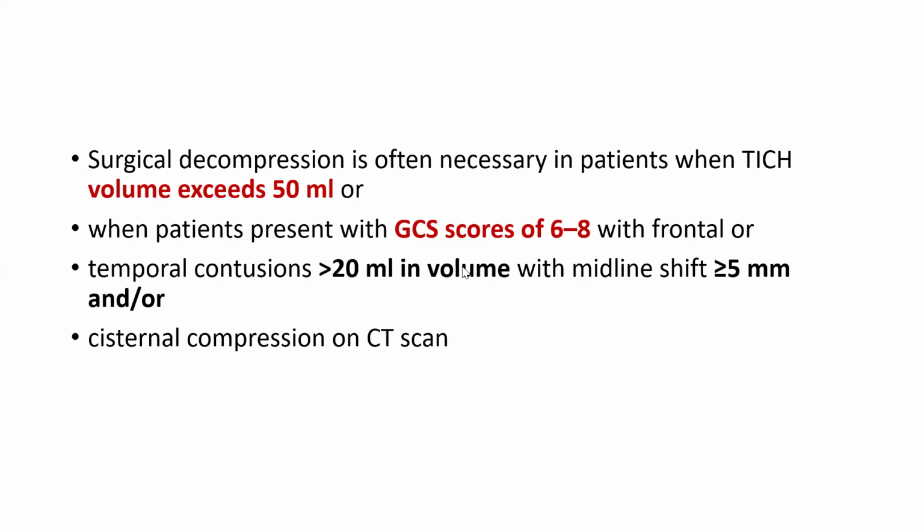Surgical decompression is often necessary when the traumatic intraventricular hemorrhage exceeds 50 mils, or if the patient presents with a GCS of 6 to 8 with frontal or temporal contusions more than 20 mils in volume, with midline shift of greater than or equal to 5 millimeters, and or cisternal compression on CT scan.